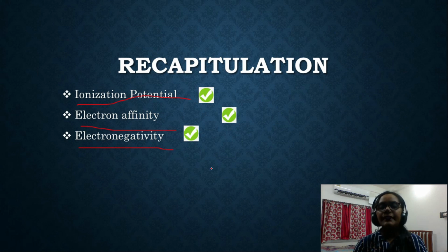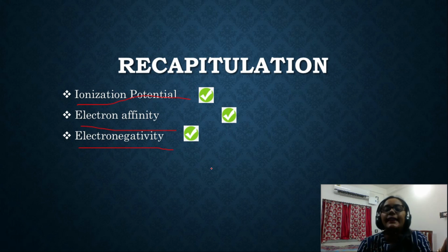First define electron affinity and electronegativity. Then write down the trend of electron affinity and electronegativity along the groups and periods. It is a very common and very easy question. If you have followed my class, then you can answer it.